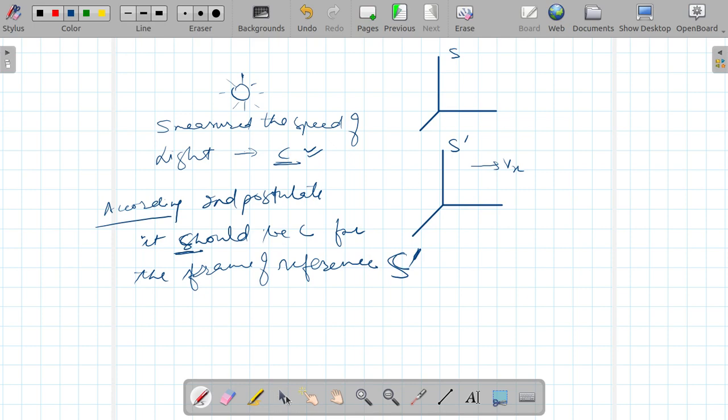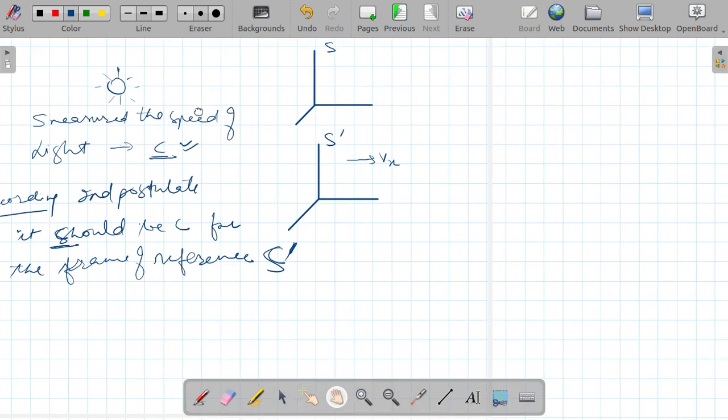So this is possible if and only if we think in terms of this frame of reference. Say it is S and it is S prime. So this is a source of light. If the frame is moving in this direction, then for the observer in this moving frame, the other frame looks like it is moving along the opposite direction.